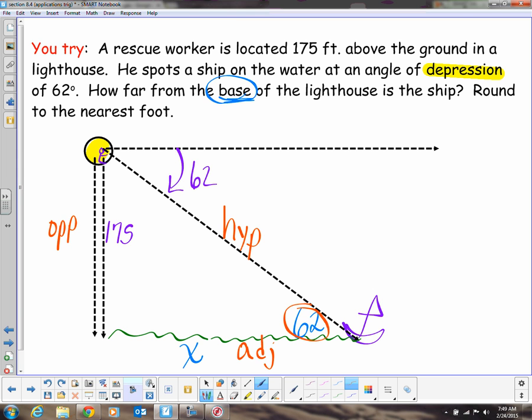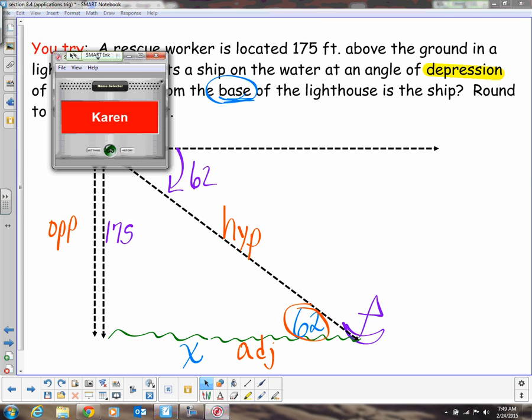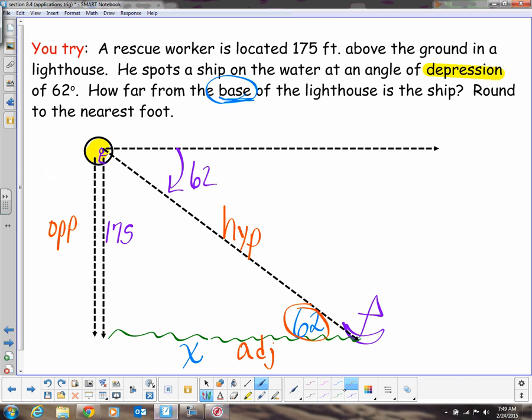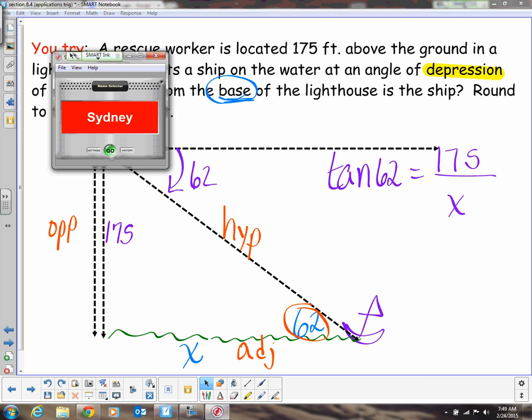So with all of this identified, what's going to be my trig function, Sydney? Tan. And how do you set that up? Who's on top? Opposite over adjacent.